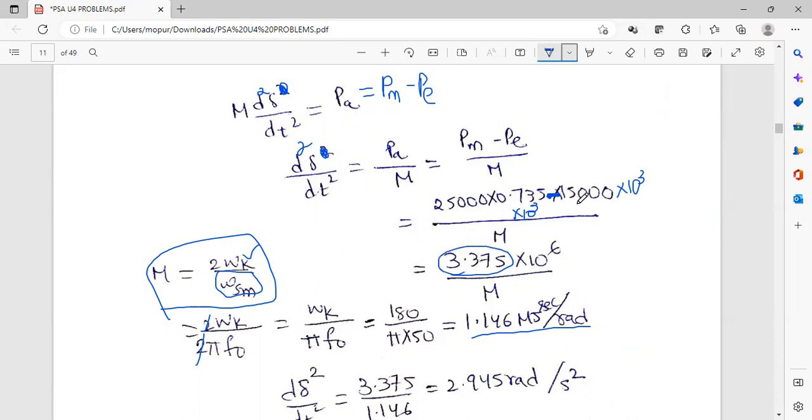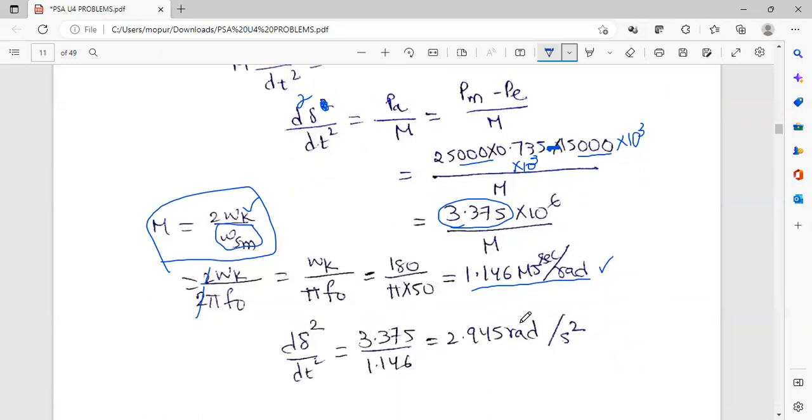You can take this 10 cube common. So 25 into 0.735 minus 15 is 3.375. Now we got the value of M, so you can find d square del by dt square. When this is divided by this M, you got 2.945 radian per second square.